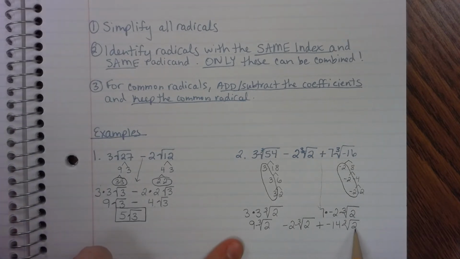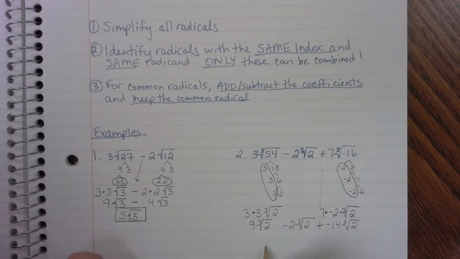So right now I'm looking for the same index, they're all cube roots, and my radicals just so happen to all be the same. So what I'm doing is I am subtracting here, so that's going to give me 7 cube root of 2. And then plus a negative is really like minus 14 cube root of 2.